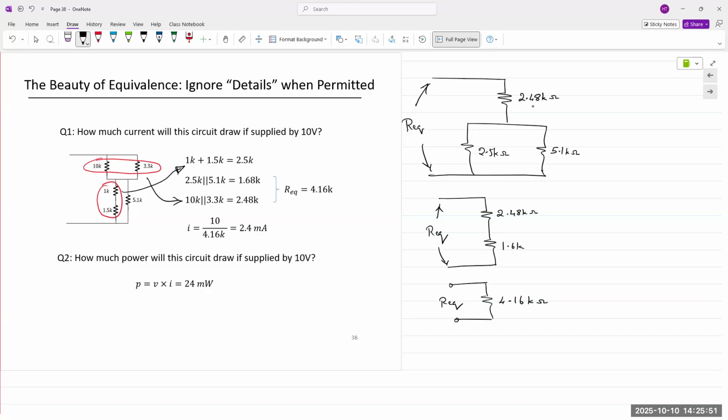So to analyze this circuit, we can reduce the entire resistive network down to one single equivalent resistance. Now, no matter what voltage we apply, we can calculate the total current supplied by the source. And thus, we can calculate the total power that needs to be delivered by the source.